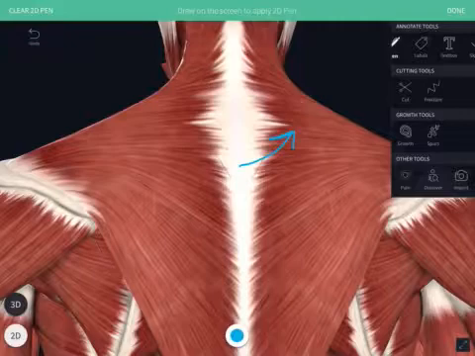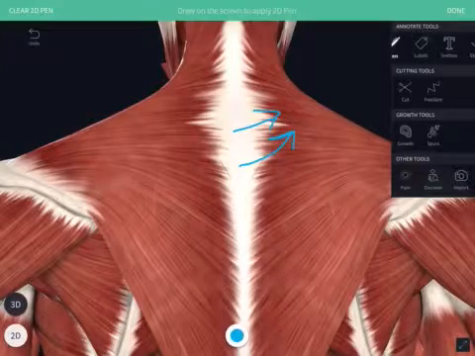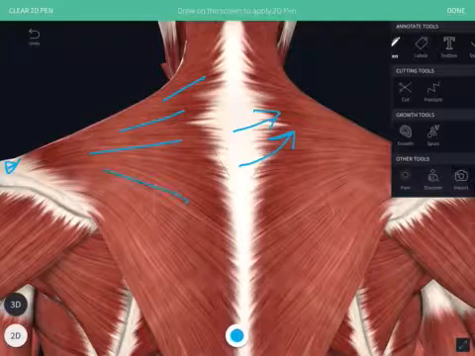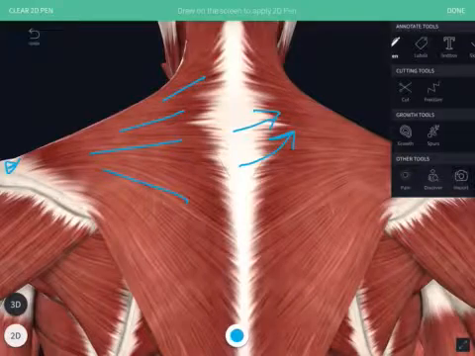Because it's moving this way, and this is anchored down here, so all of this gets a stretch sensation when you are rotating left when the upper trap is what's restricting you.